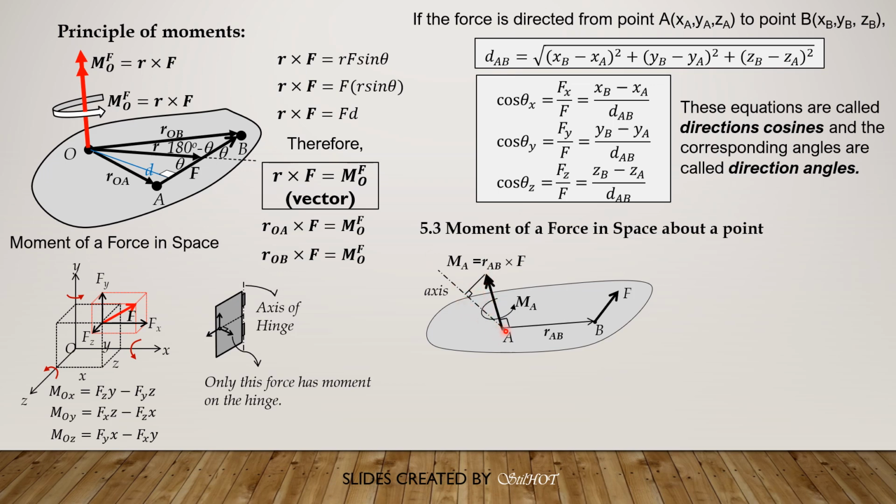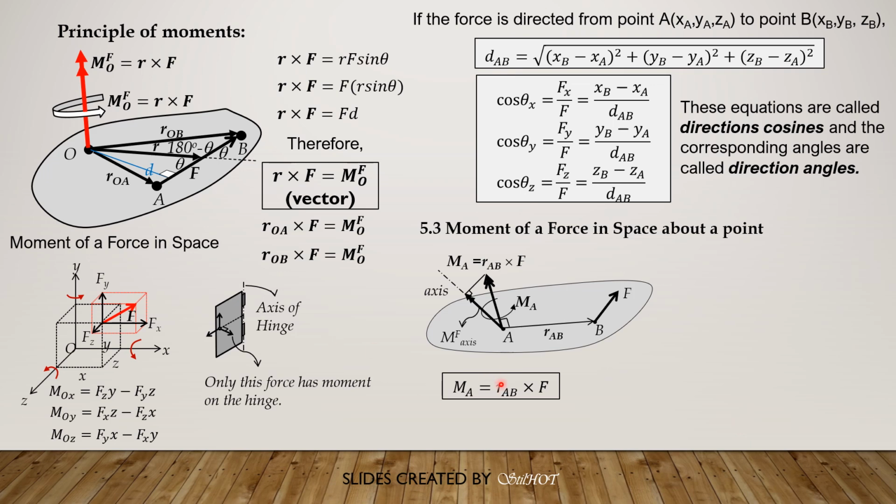And because we have formed a right triangle, and if the angle between this moment vector and the axis vector is beta, then that component is simply MA times cosine of beta. So in other words, moment about the axis represented by this, which is a scalar, is equal to MA times cosine theta. So that component of MA, MA cosine theta, is the moment of the force about an axis, and it is a scalar.